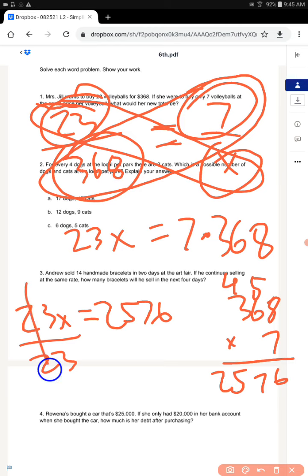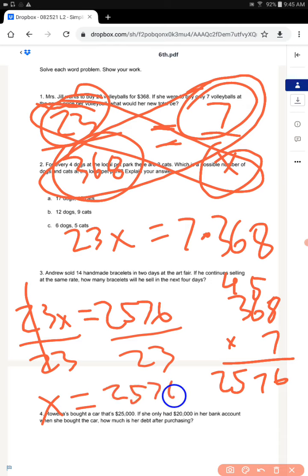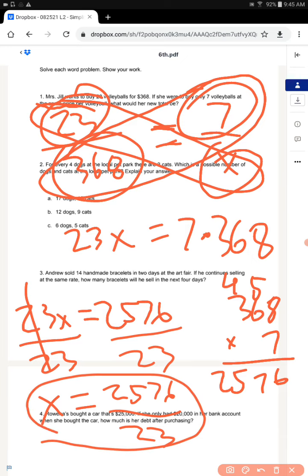And that just leaves us with 1, so we just have x by itself. But remember, if we're going to do something to one side, we need to do it to the other side. So since we're dividing by 23 on this side, we need to divide by 23 on this side as well. So x equals 2576 divided by 23. And this will be our final answer.